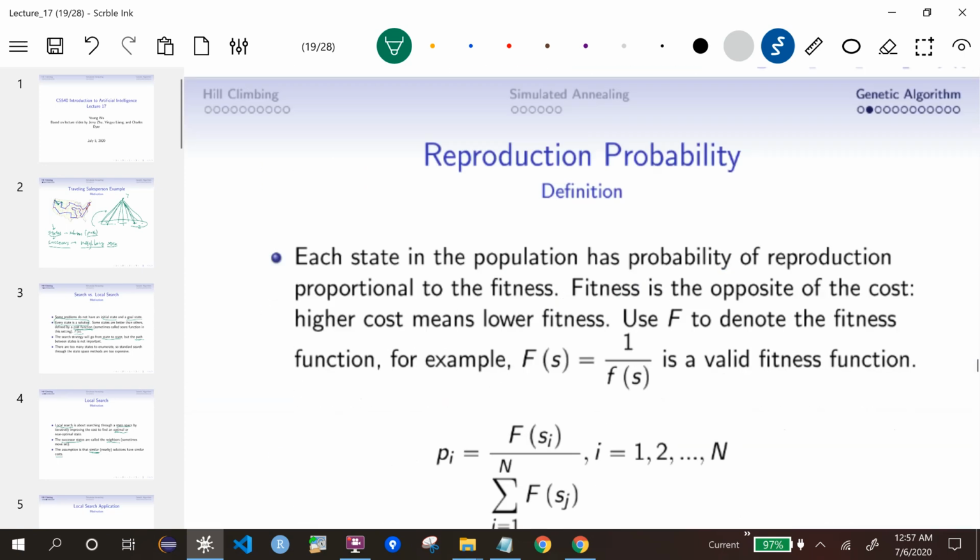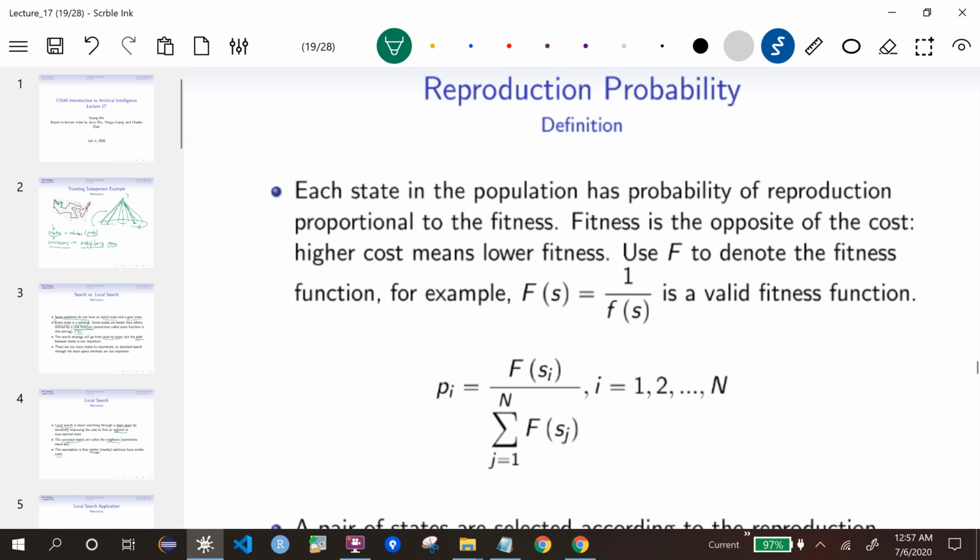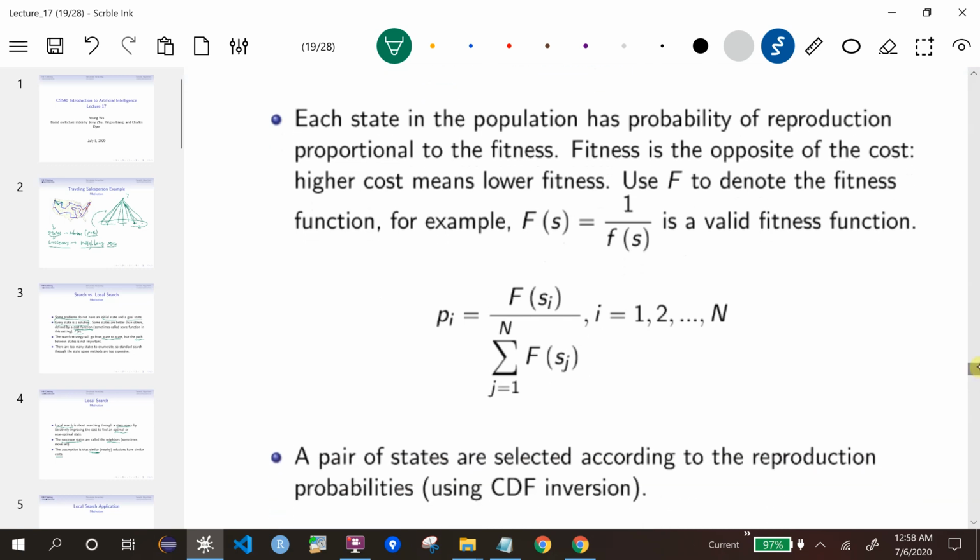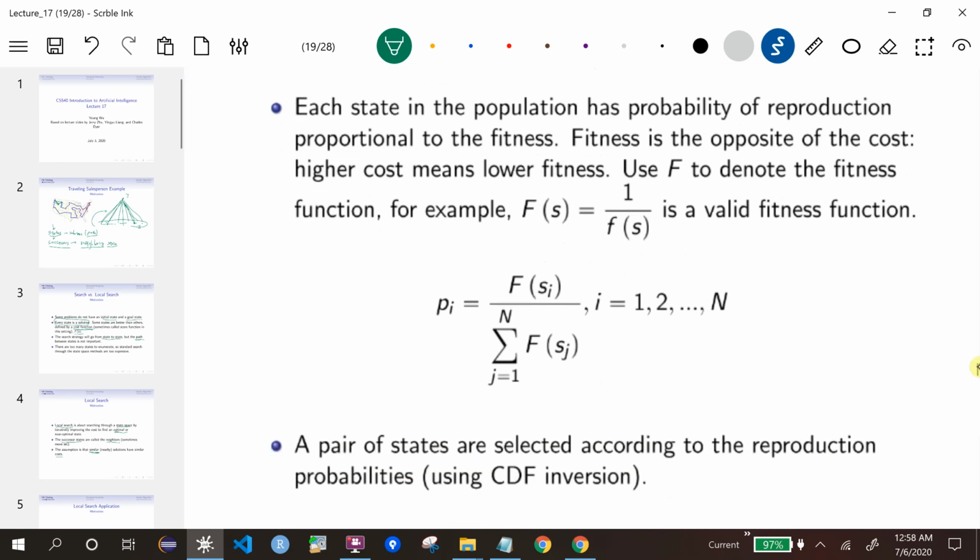First, we need to figure out which two states we use to crossover, and we call this the reproduction probability. We want to use the higher cost one with smaller probability and the lower cost one with larger probability. So we need some kind of inverse of the cost. The higher the cost, the less likely we want to use it to crossover.